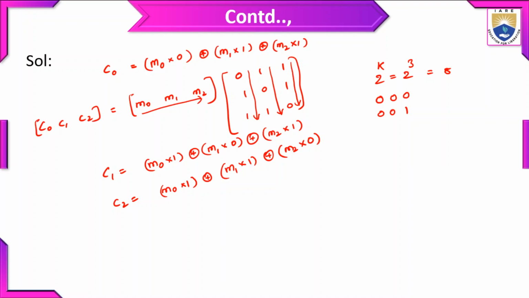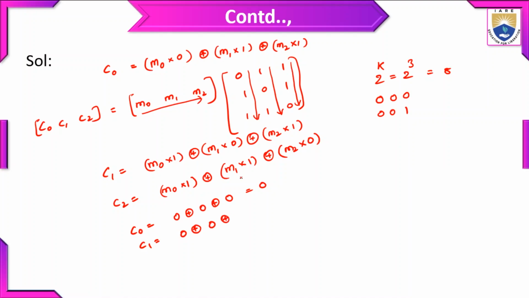So the first row, C0 value is 0 XOR 0 XOR 0, so simply it is 0. Next C1. Again M0 is 0, so 0 into 1, 0. XOR M1 is 0, so 0 into 0, 0.